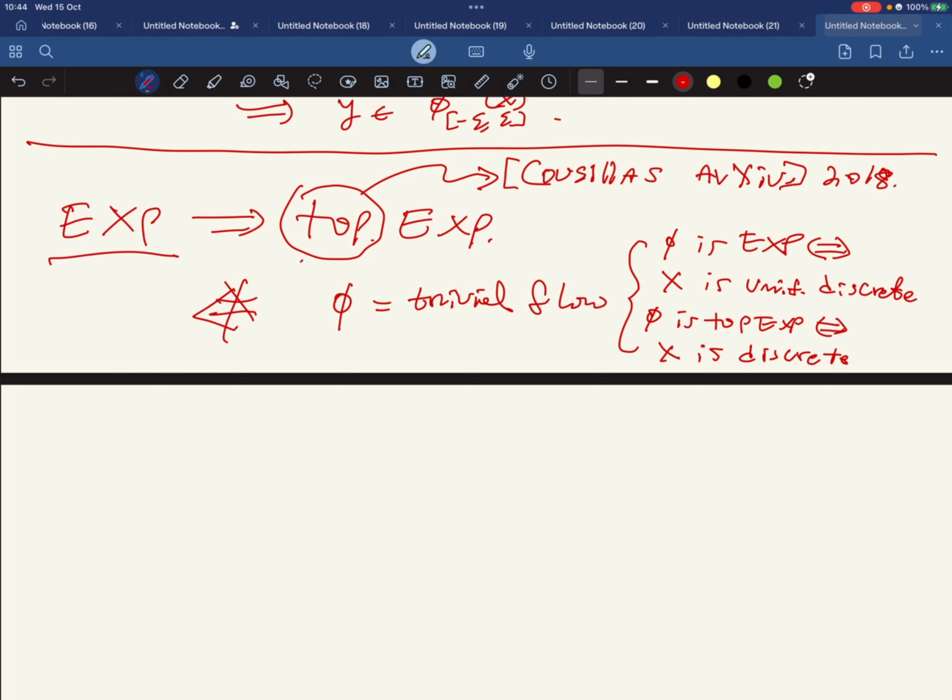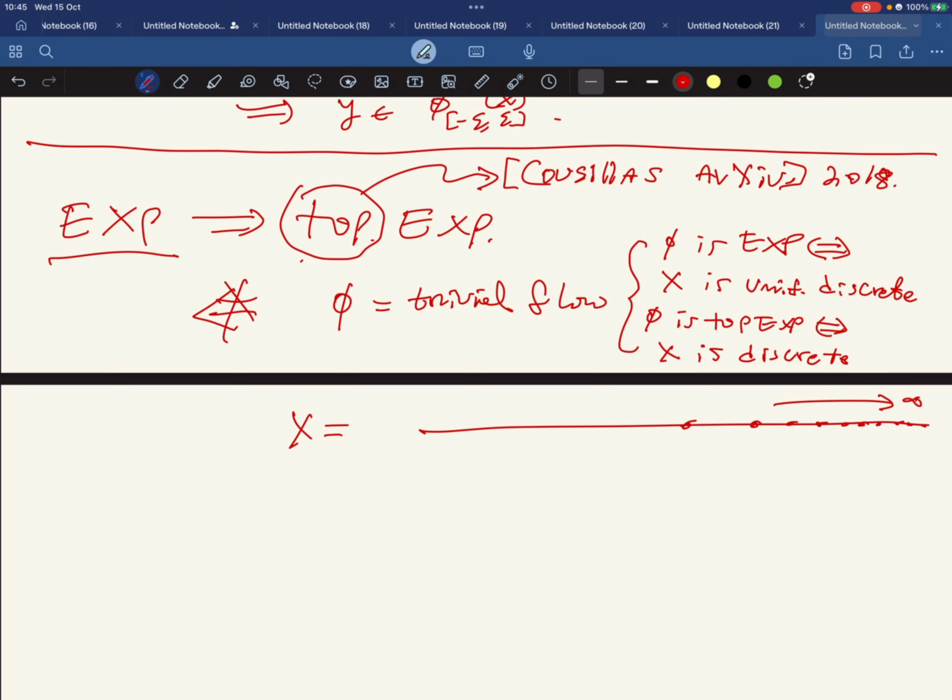Of course, uniformly discrete implies discrete, but it's easy to find a discrete space which is not uniformly discrete. In R, you can pick a sequence which accumulates, going to infinity in this way. This is discrete, but not uniformly discrete, which requires a uniform radius of separation between the points. So you can easily find a trivial flow which is topologically expansive but not expansive.